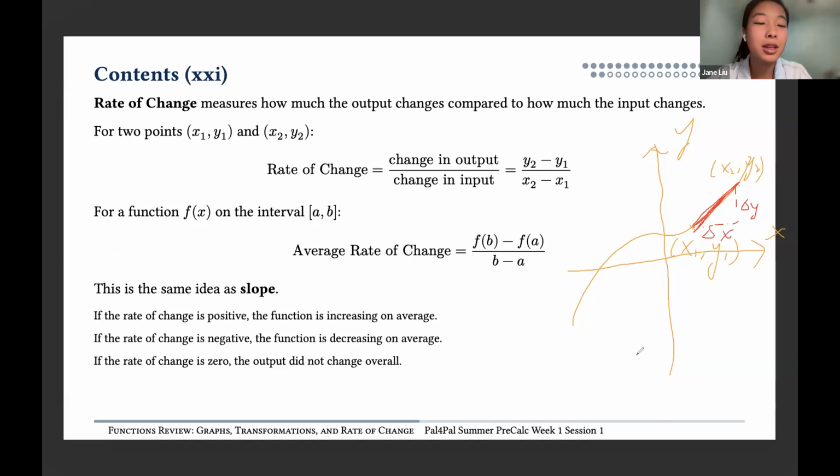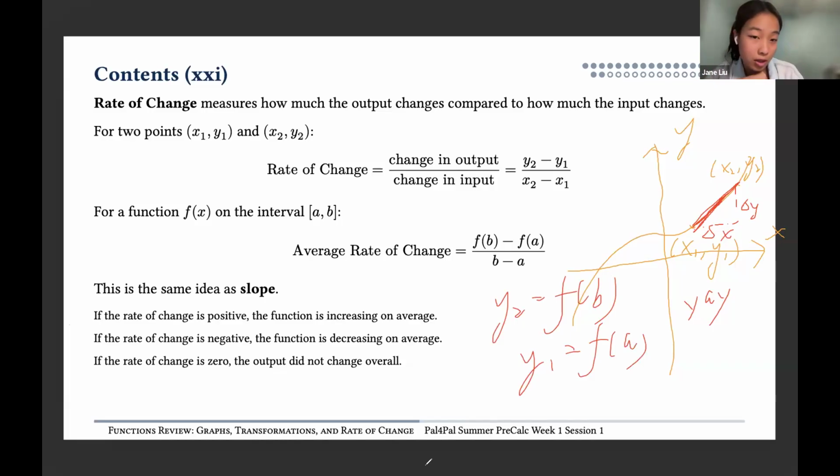If the rate of change or the slope is negative, the function is decreasing on average. We say on average because it's between 2 points, which doesn't necessarily mean that the whole function in this interval is decreasing or increasing. And if the rate of change is 0, the output did not change overall between the 2 points.